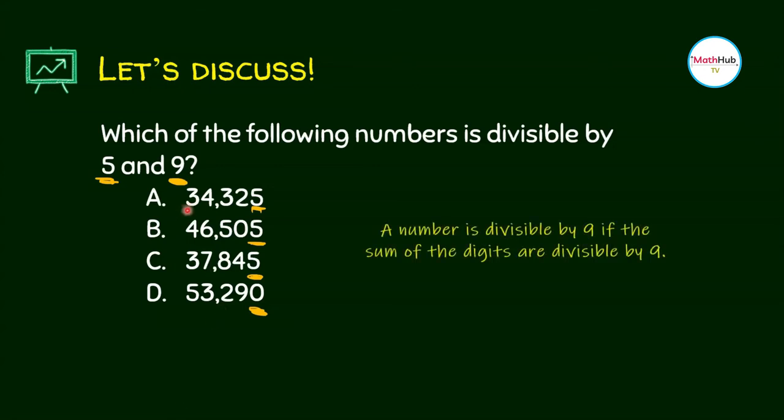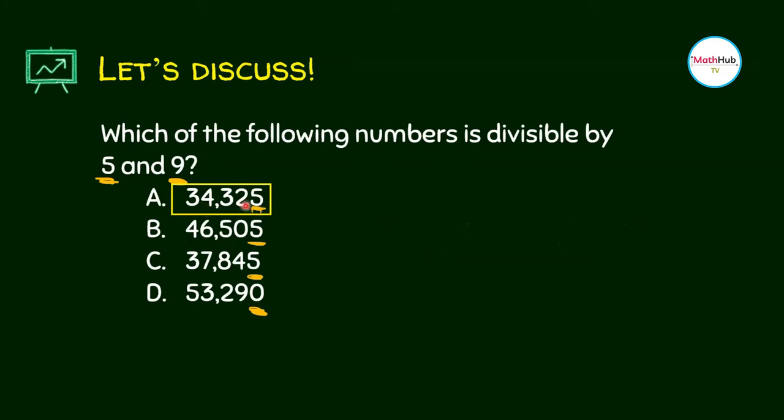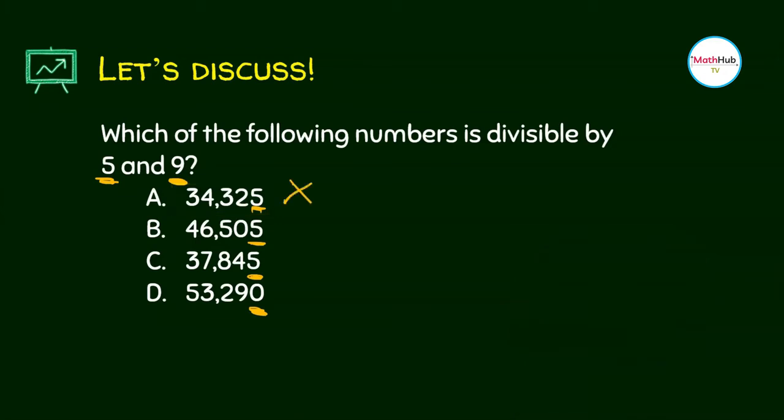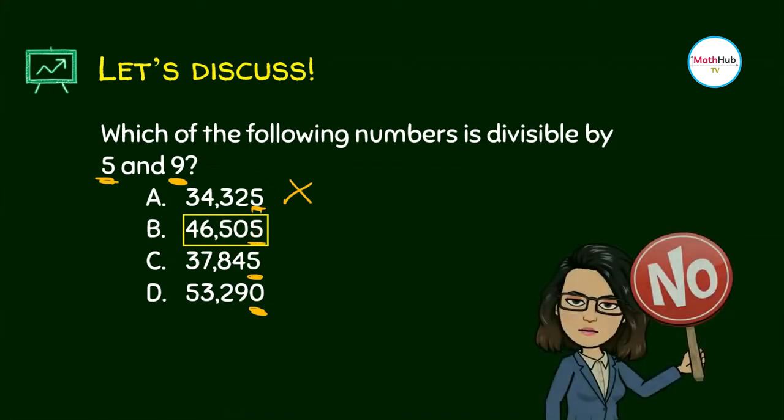Let's look at letter A. 3 plus 4, 7 plus 3, 10 plus 2, 12 plus 5, 17. It is not divisible by 9. 17 is not divisible by 9. Next, how about letter B? 4 plus 6, 10 plus 10 is 20.